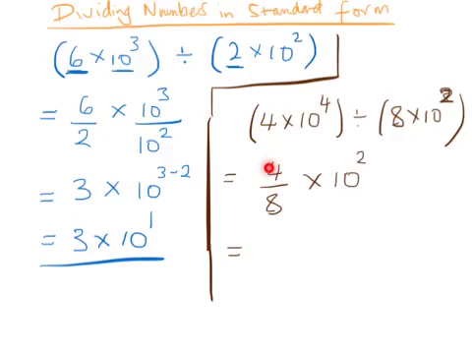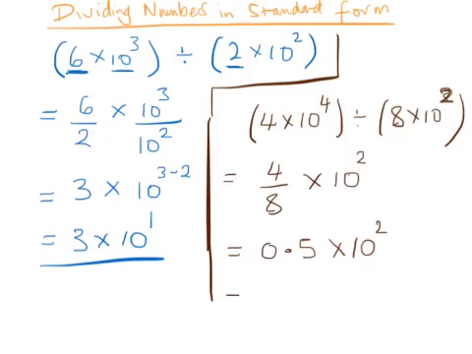Now, 4 divided by 8 is the same as a half, which is 0.5 times 10 to the 2. In other words, all I've done is said 4 divided by 8 is the same as a half, isn't it? And half is 0.5 times 10 to the 2.